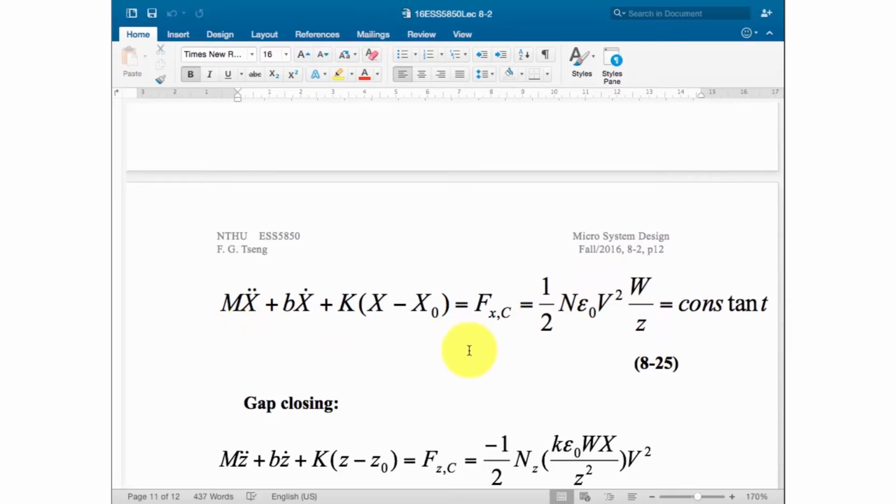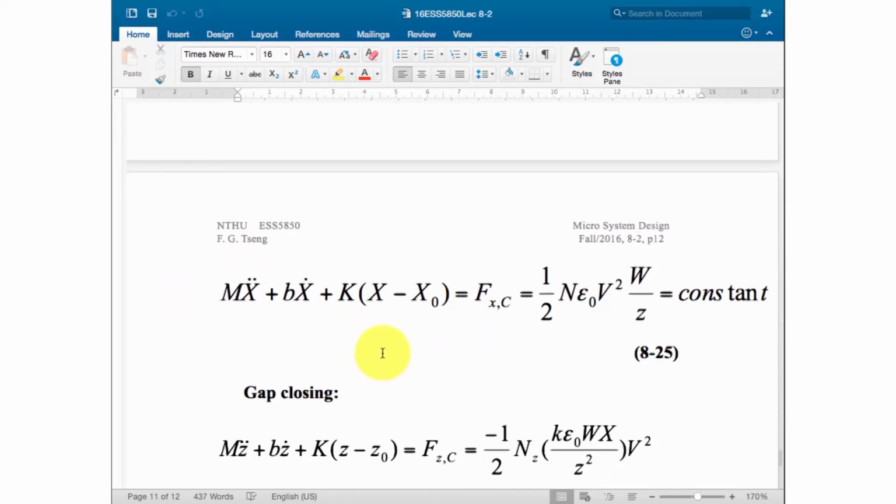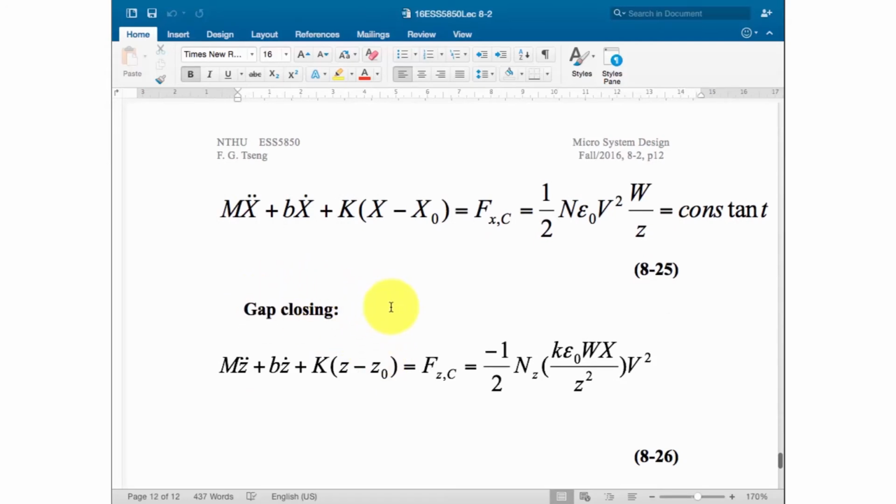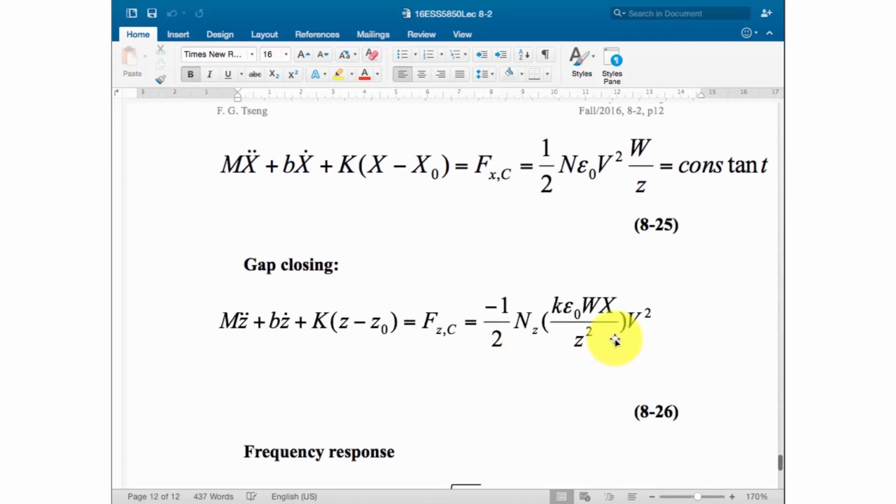You can look back to our accelerometer design. To solve this kind of second order equation, you get a homogeneous solution for this one. However, for gap closing, it's not easy. For gap closing, you get a nonlinear force on the right hand side. So you need to solve this equation by using the homogeneous solution plus the special solution together.